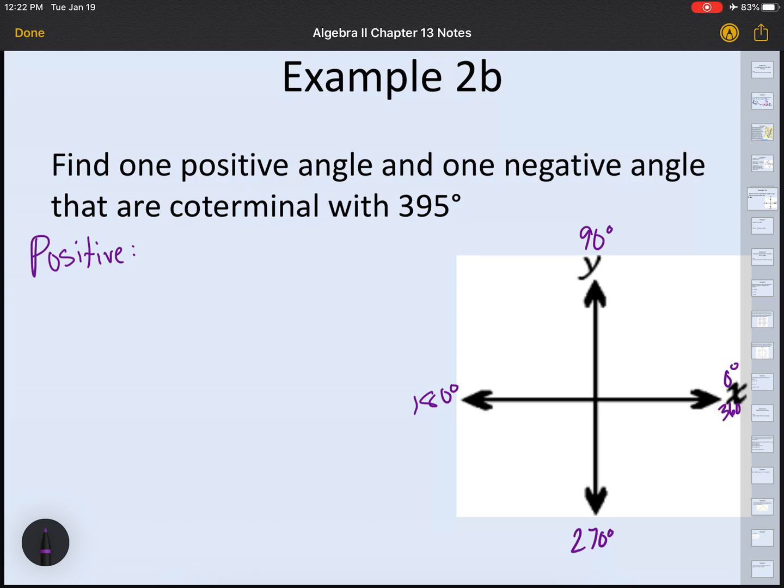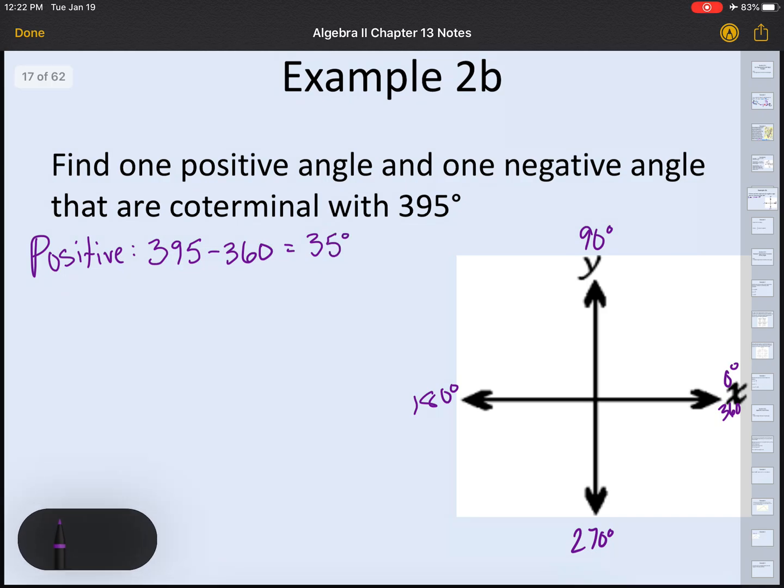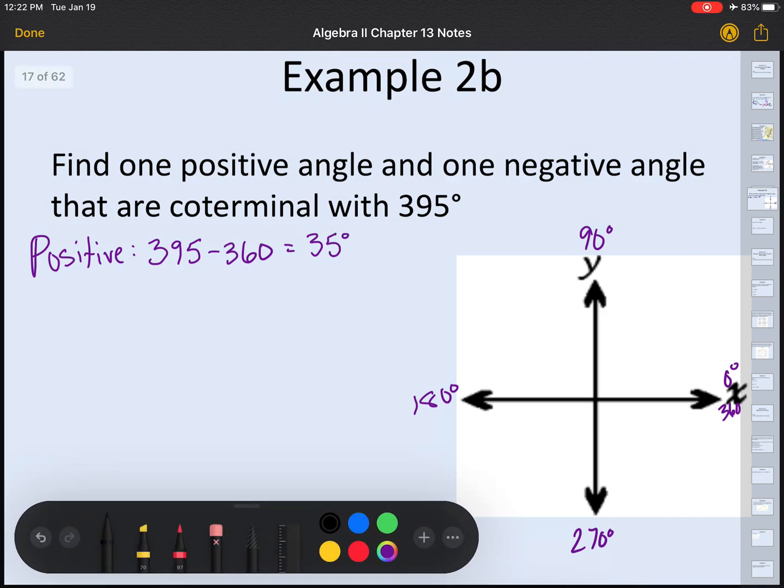So if we do positive one, well, 395 is still more than 360. So we can figure out one really quick by just subtracting 360 from that 395, because we're going to get 35 degrees.